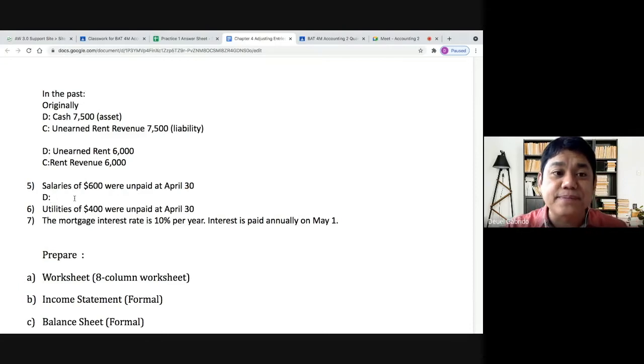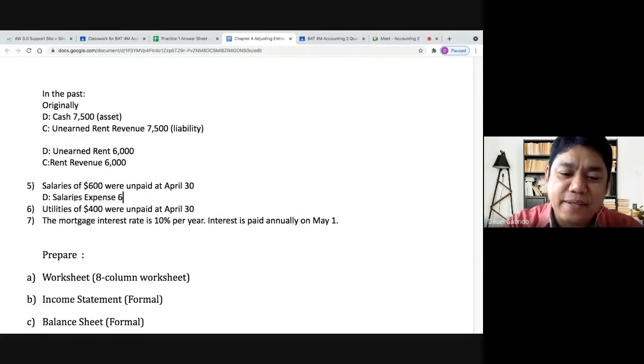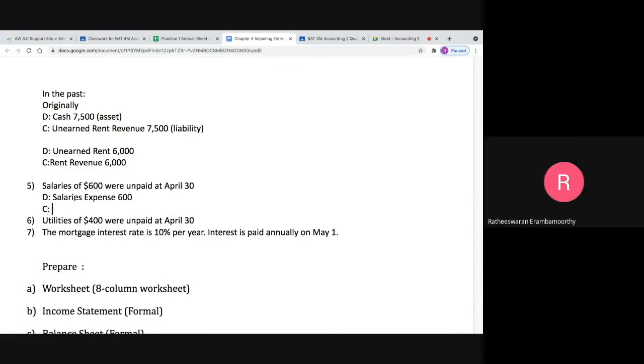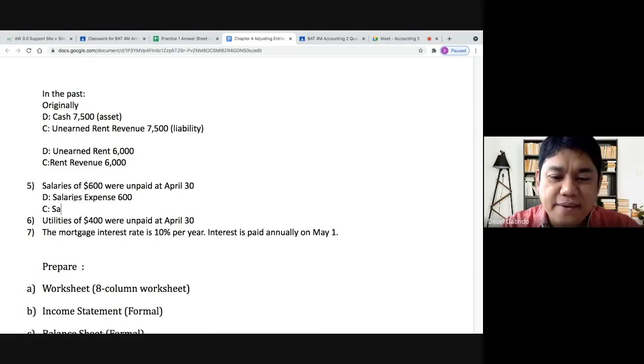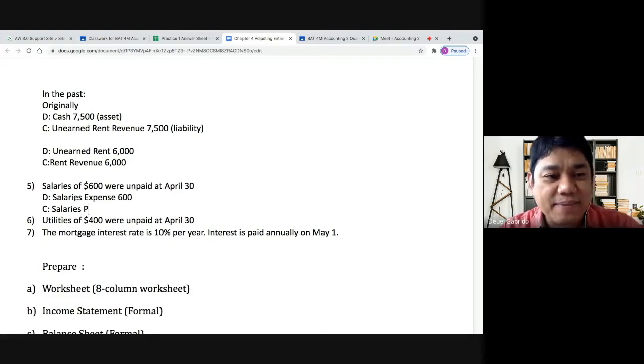It's called salary expenses. Very good. Debit, and the amount is 600. Okay, what should be the credit? Salaries, because we are not giving it away yet to the employee. What's that? Credit.